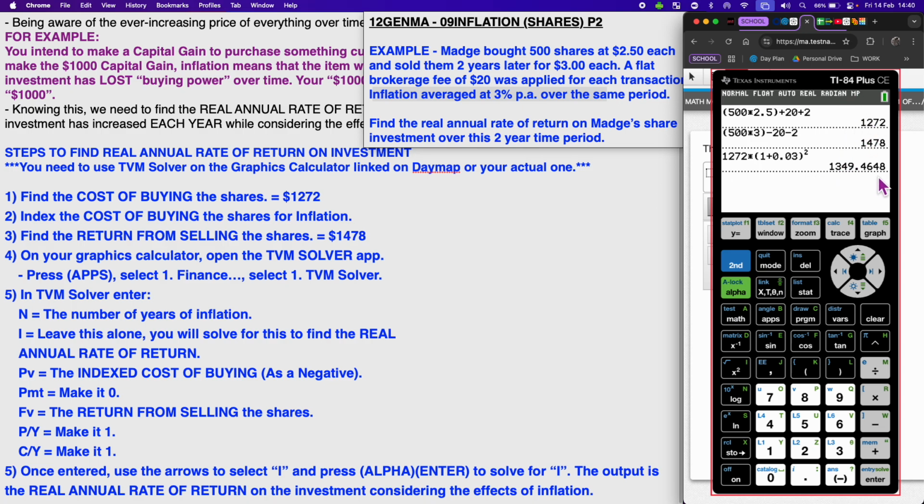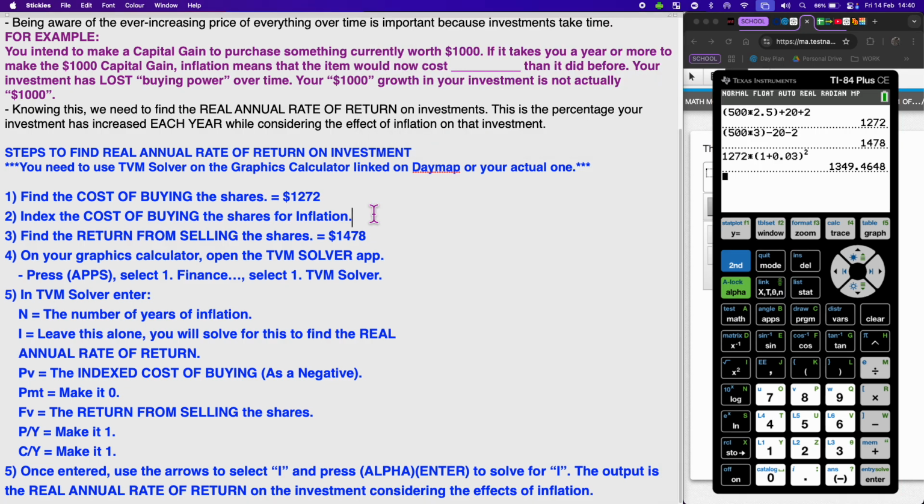But we're trying to acknowledge that inflation happened. The price of everything went up 3% every year. So what would it cost to buy them in 2 years? 1349 instead. See how it grew? So that's part 2 of my working out. 1349.46 to 2dp.